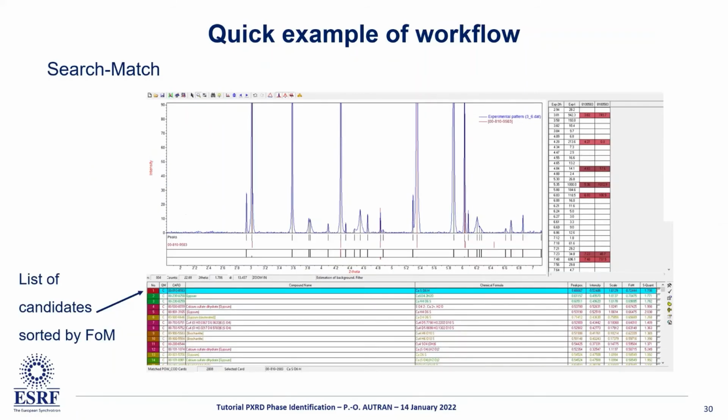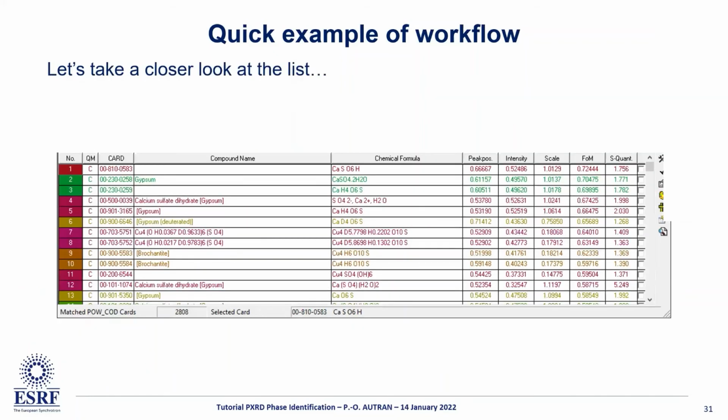I get a list of candidates that are sorted by figure of merit, meaning the ones on top of the list are more likely to be in my experimental data. So if we take a closer look, this is the list I obtained. You see you have some entries that come several times.